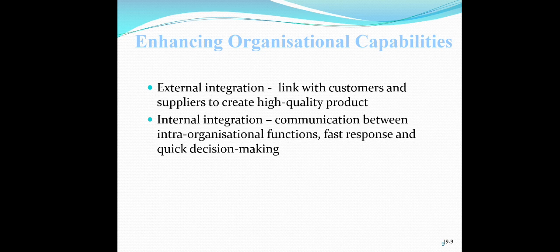Two points related to enhancing organizational capabilities are external integration, linking with customers and suppliers to create high quality products, or internal integration. Internal integration is communication between intra-organizational functions, fast response, and quick decision making.